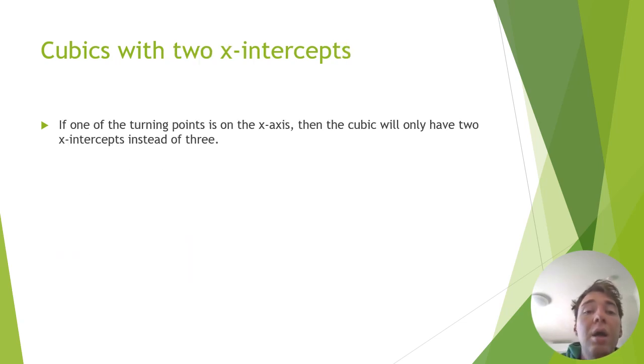Okay, if we have two x-intercepts, we will have a turning point on the x-axis. This is what I was saying before, there's one circumstance where you need to be able to label the turning point in this current Unit 1, and that's when we have our cubics where we have a turning point on the x-axis.